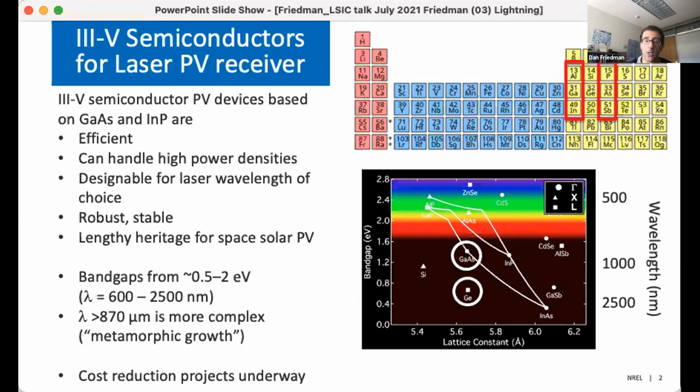These materials give you devices of the highest efficiency. They're very well proven, and for laser PV especially, they can be designed and fine-tuned to almost any wavelength you might be interested in, ranging from 600 to 2500 nanometers. Realistically, you're probably not going to be interested in such a wide range, but if you were, you could be.